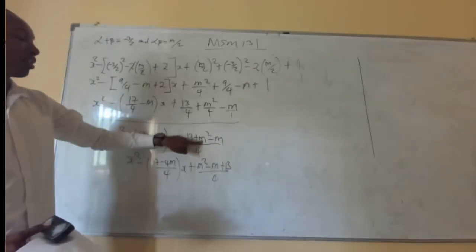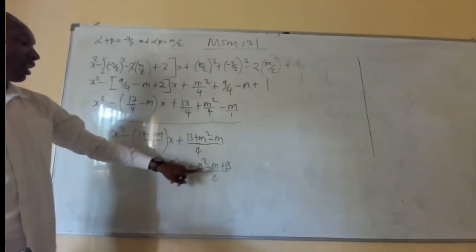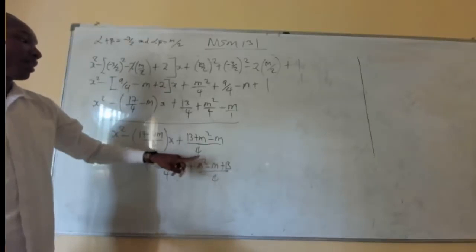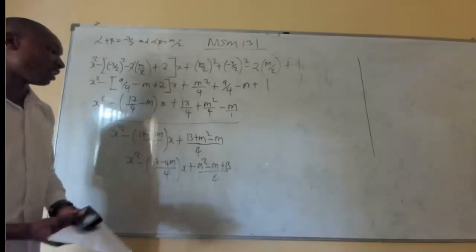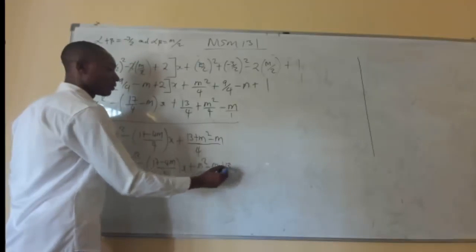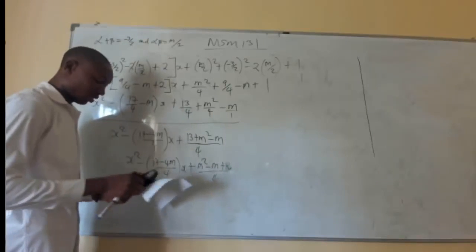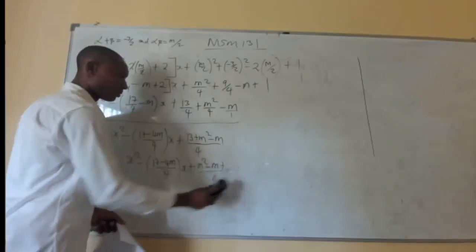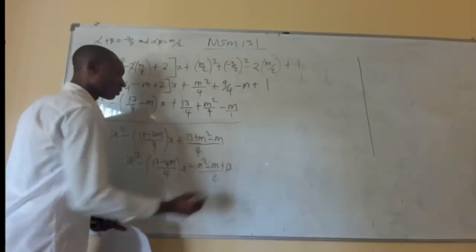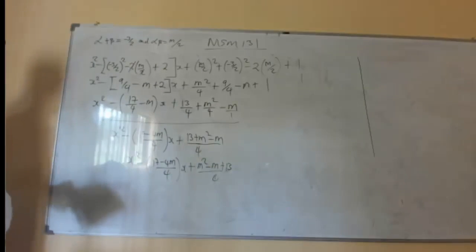I've started with the highest powered variable, m squared, then followed by the second highest powered variable, which is minus m, then written the constant at the far end. This is 13, though it looks like a 15, but it's a 13. Okay, so that's your final answer.